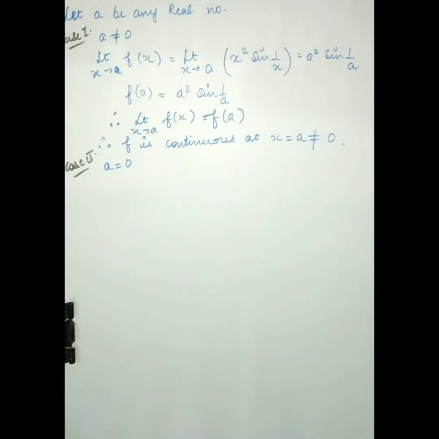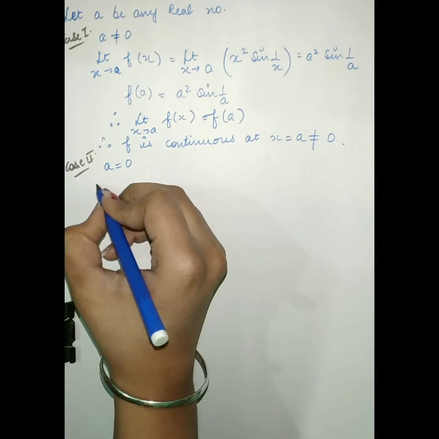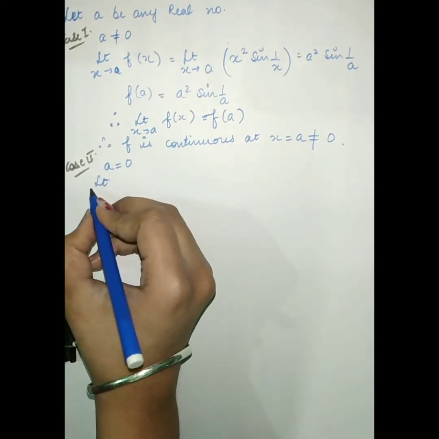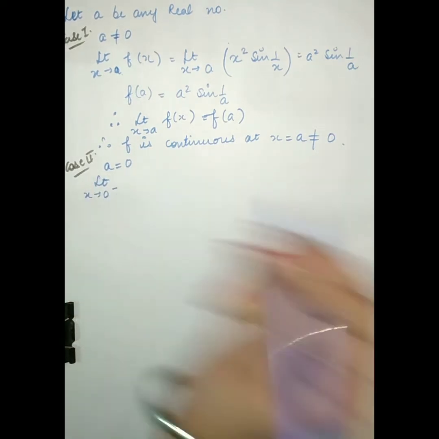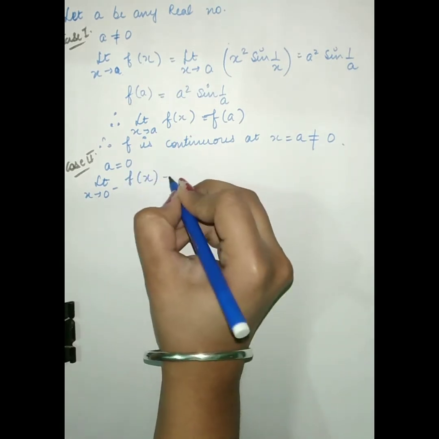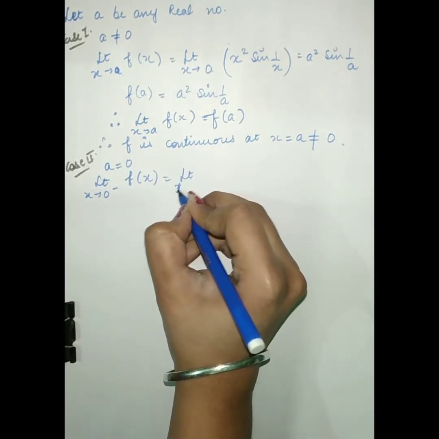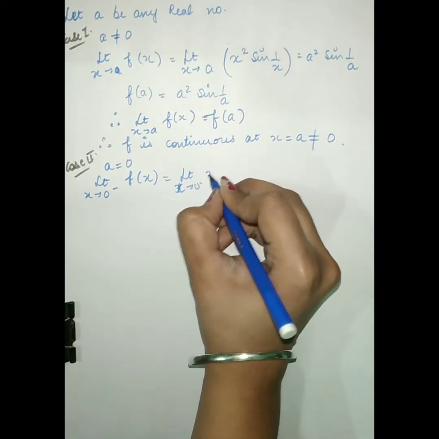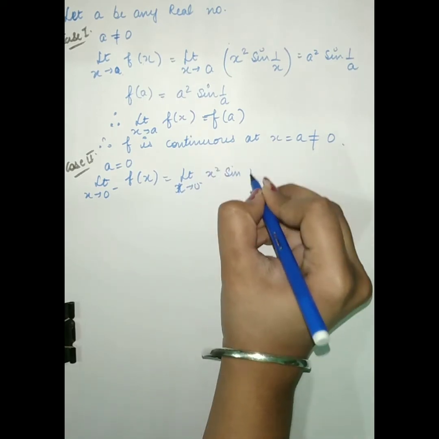Now the second case is when a is equal to 0. If a is equal to 0, then we have to take the left and right handed limit. For this, firstly we will take the left hand limit, that means limit x approaches 0 negative of f of x, which becomes limit x approaches 0 negative of x square sine 1 by x.